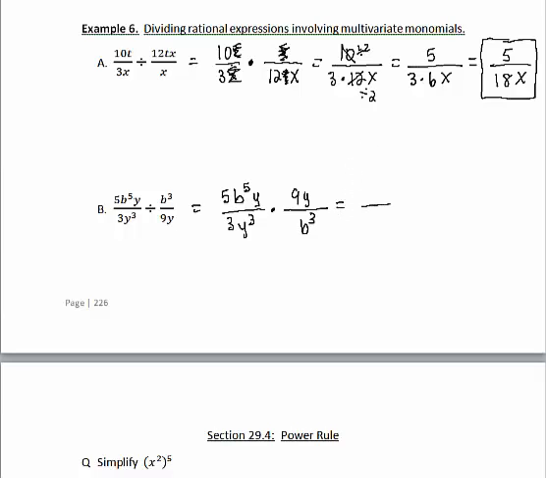What you can do is group all of the coefficients into one fraction if you wanted to. 5 times 9 over 3. Then you could say, well, I have a b to the 5th on the top and a b cubed on the bottom.